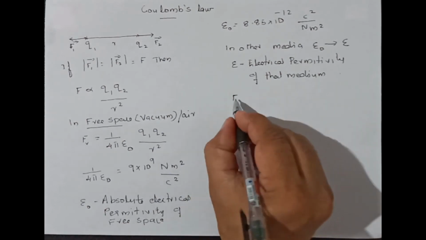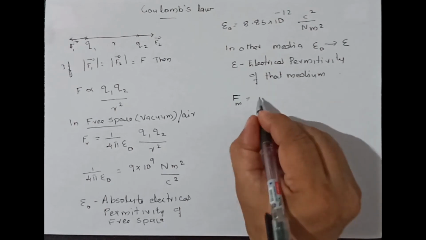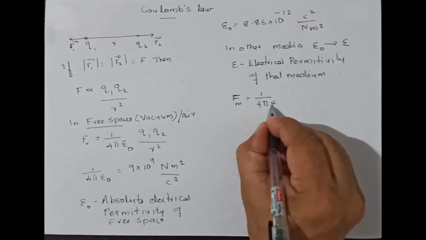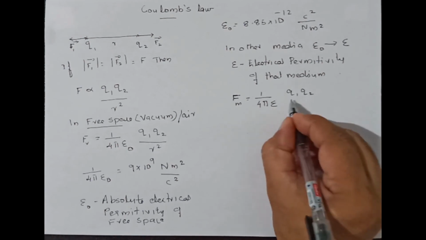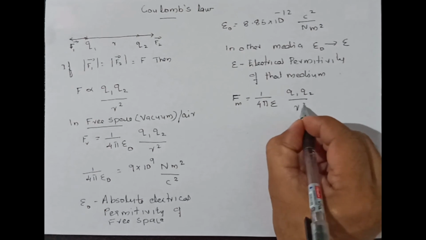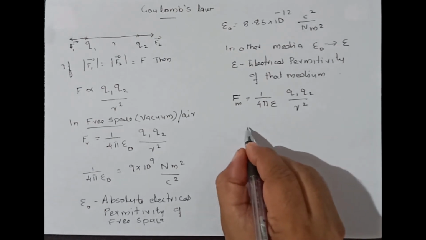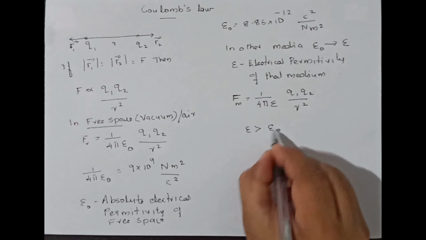So let us write Fv for the force in vacuum, where V stands for free space or vacuum. For the electrostatic force in a medium, let us write it as Fm. Then Fm is equal to 1 upon 4 pi epsilon, Q1 Q2 upon r square. Instead of epsilon naught, you will get epsilon.